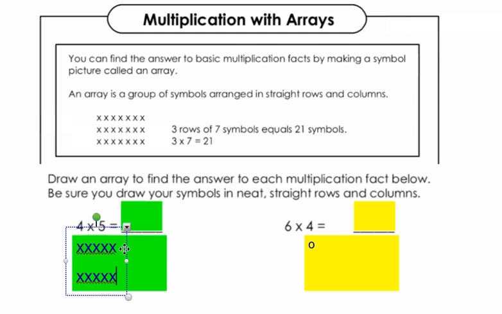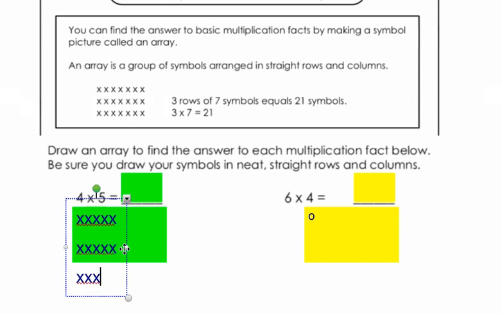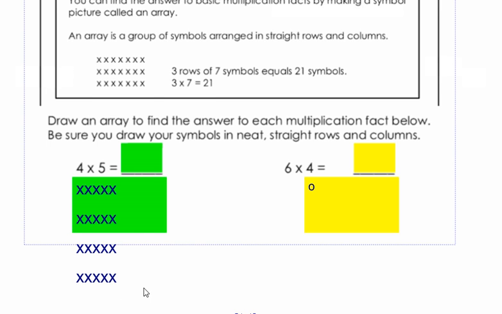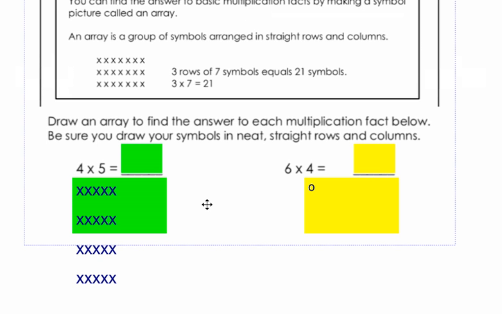Oh, mine's going really spaced out. Hopefully yours won't do that. Okay. Yours shouldn't have that big of a space. If it does, that's all right. Okay, so then I can count 5, 10, 15, 20, and I can type my answer in the box.